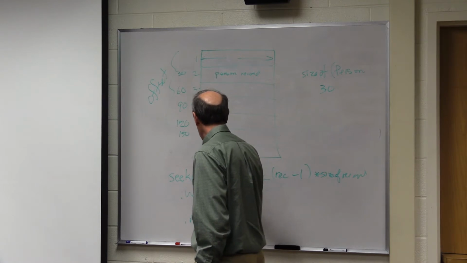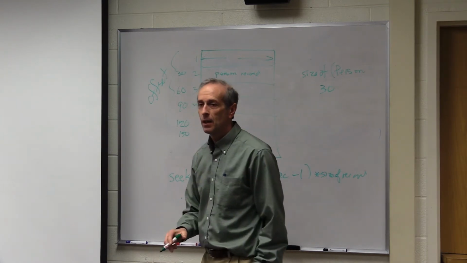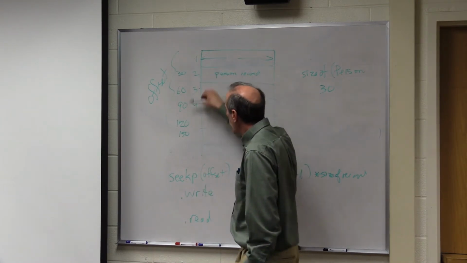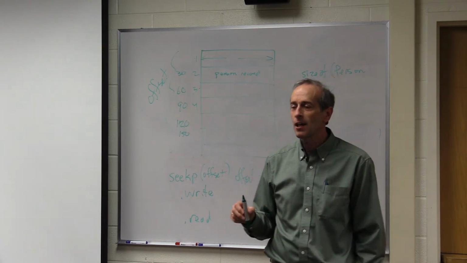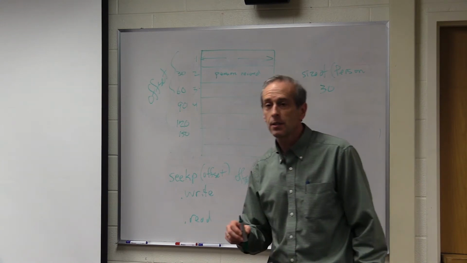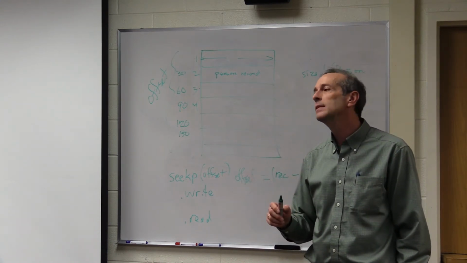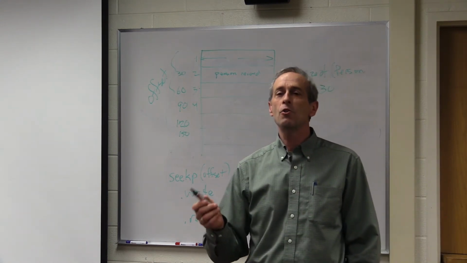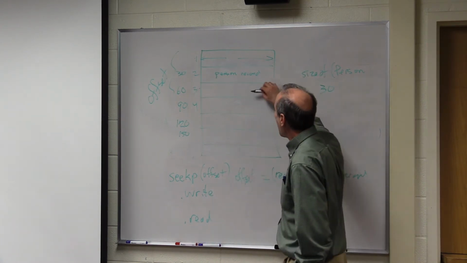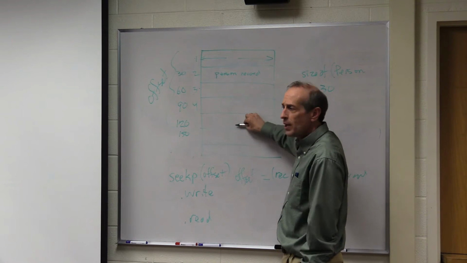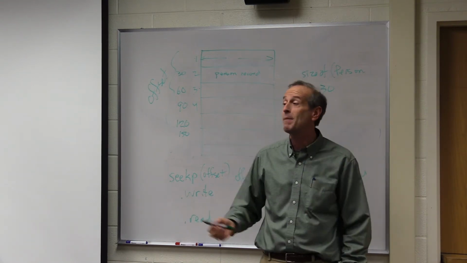Where you actually pass in the offset. And what that does, it moves the file pointer to that location. You must seek before you write. Well, I take that back. For a random write, you must seek. If you seek and then you do two writes, you will seek to one location and then do a sequential write from that point on.